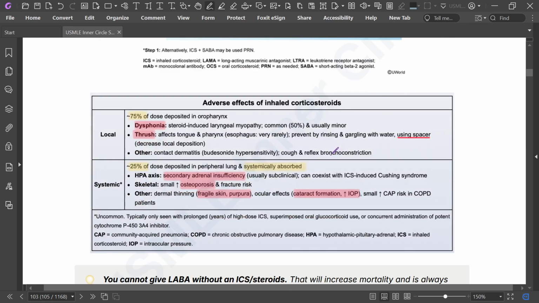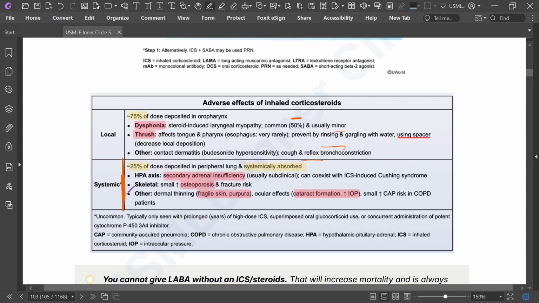Okay, look at the adverse effects of inhaled corticosteroid. Local: dysphonia, due to steroid-induced laryngeal myopathy. It is common, up to 50%, and usually minor. Oral thrush can happen, so prevent by rinsing or gargling with water and using a spacer. Others include contact dermatitis, budesonide hypersensitivity, and cough and reflex bronchoconstriction.